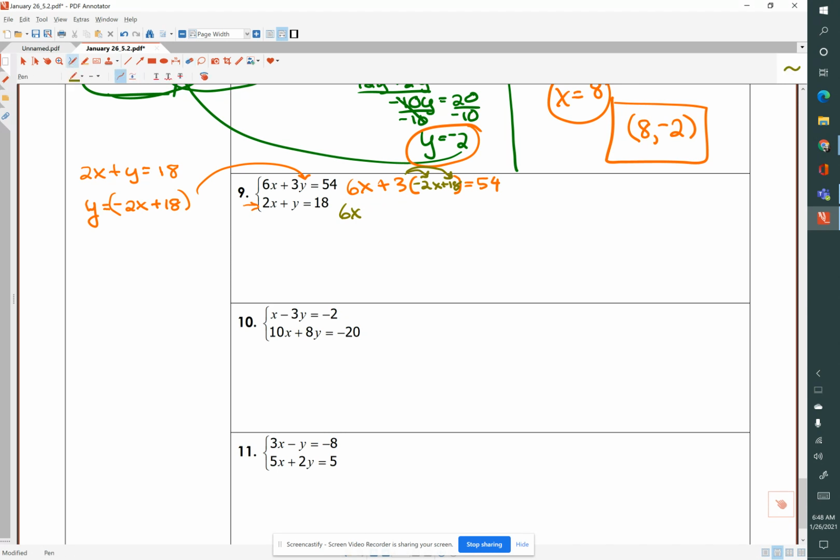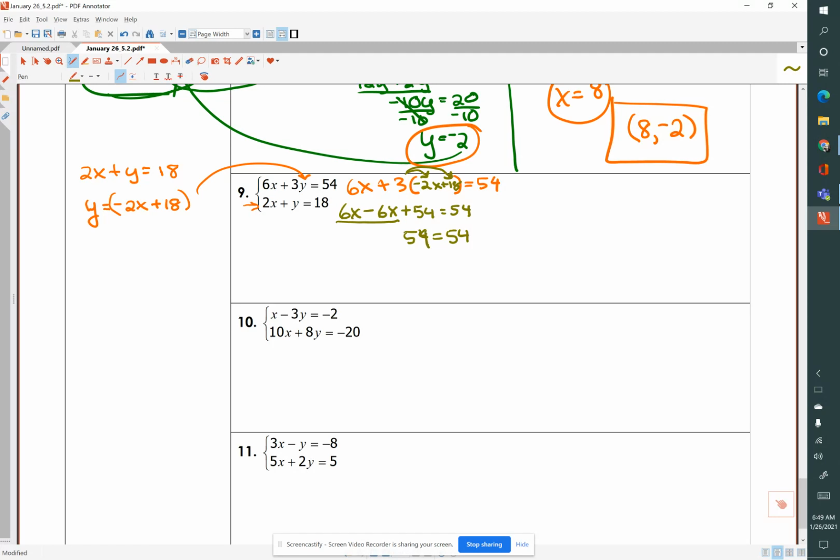So let's represent that. 6x minus 6x plus 3 times 18 is 54 equals 54. So if we combine 6x minus 6x, the x's go away. And we end up with 54 equals 54.